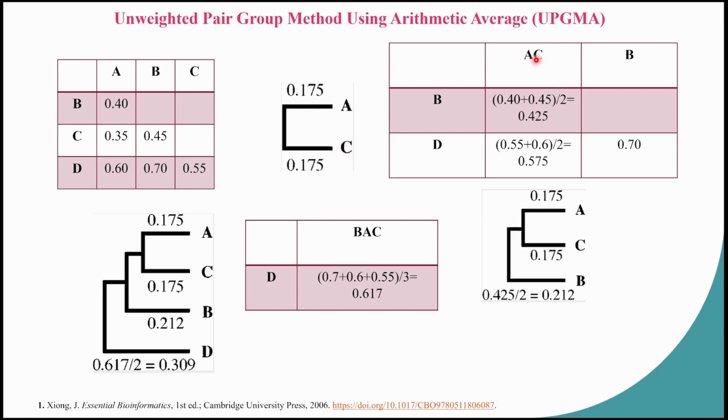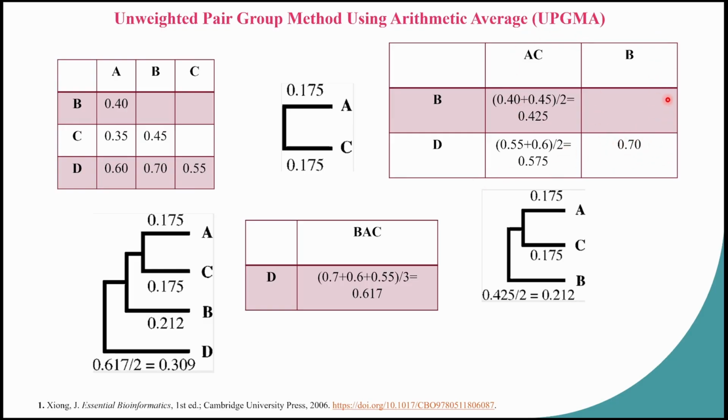Now you need to calculate the distance between AC and B, as well as AC versus D, right? How do you do that? You just do an average: AB plus CB divided by 2. So that will give you the AC versus B distance. If you do AD plus CD divided by 2, that will give you the AC versus D distance. And then the B versus D distance stays as it is.